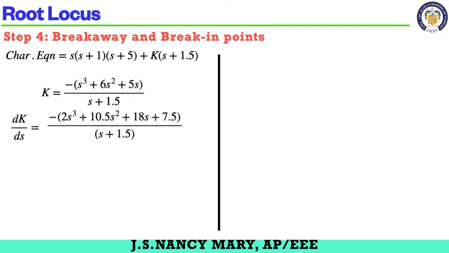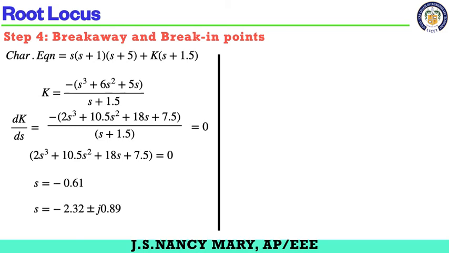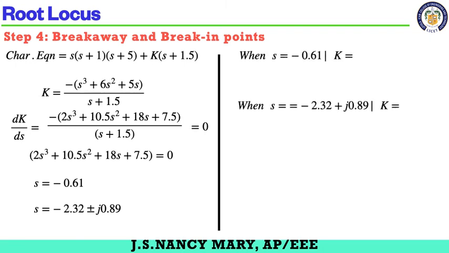So you will be getting the expression like this, equate it to 0. Okay, you will get s is equal to minus 0.61 and s is equal to minus 2.32 plus or minus j 0.9. When s equal to minus 0.61, find out the value. Minus 2.3 plus j 0.89, find out the value.